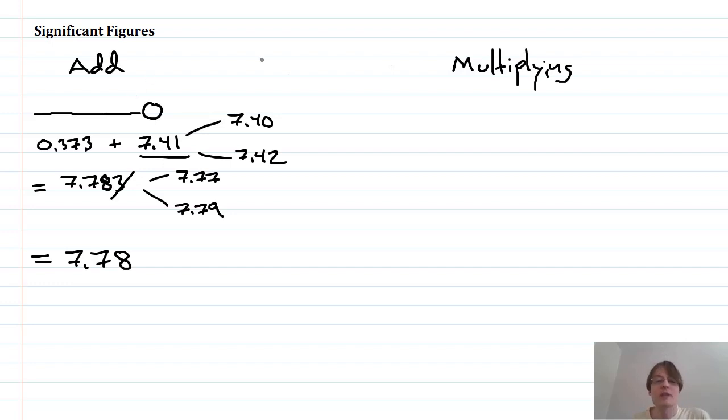Okay, multiplying. If you have to multiply or divide numbers, then the rule's a little bit different. So for example, suppose I have to take 10.0 and multiply it by the number 0.3. Now, of course, our calculator will tell us that the answer is 3.0, but that's not actually correct in terms of measurements. You see, when I say 0.3, what I really mean is I'm fairly confident it's 0.3, but it really could be 0.2 or 0.4, in that range.